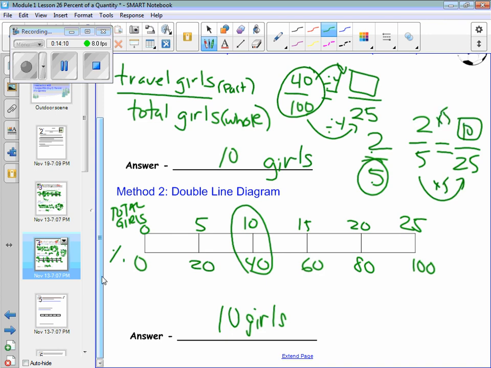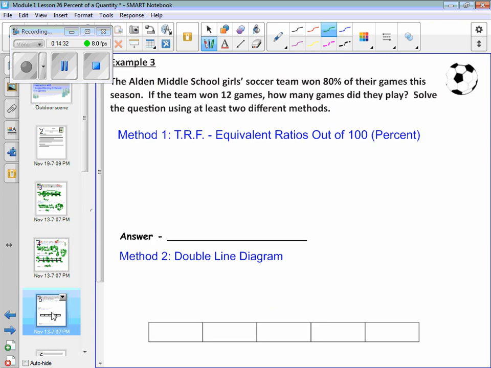Now the reason why I bring that up is because finding the value of the ratio when trying to find the equivalent ratio, when you do that, it's going to sometimes make it easier. As you will see, what example is this, 1 or 2? It's going to come in handy for example 3. Let's go to 3. Same thing, read over the question, get the VIPs, and we'll come back and talk about it.